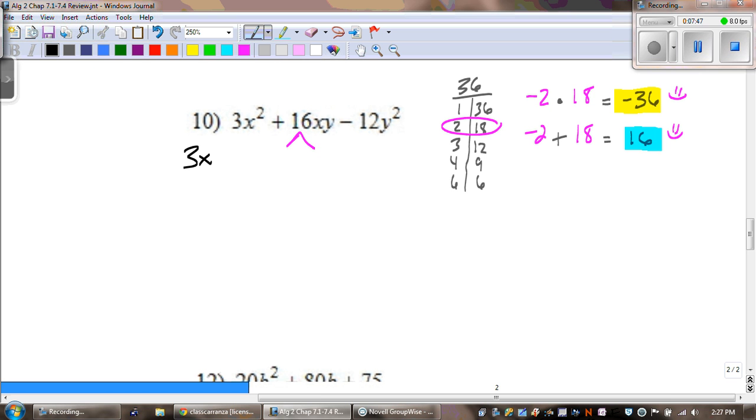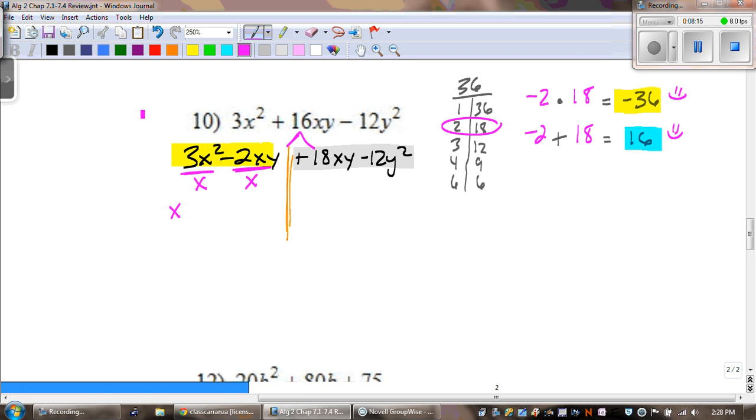We have 3x squared minus 2xy plus 18xy minus 12y squared. Okay? And now it's just like the ones we did before, where we have our 2 groups and we take the GCF out of each one. So the GCF of 3x squared and negative 2xy is x.